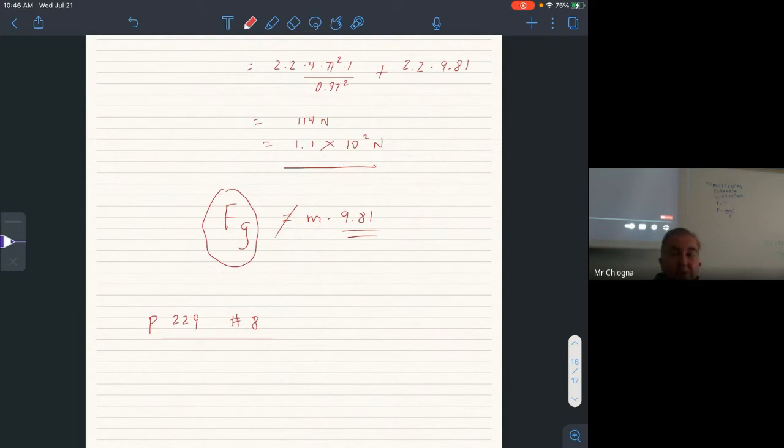It's huge. The center of the Earth is approximately the radius of the Earth. The block is relatively small, so we can say the distance is about the radius of the Earth, which is 6.38 times 10 to the 6. And don't forget to square it.